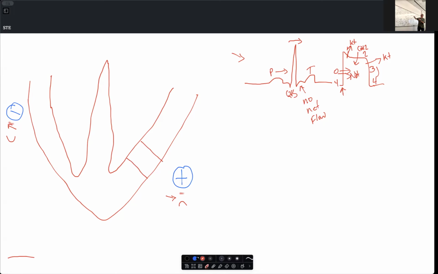So normally, and maybe I can select a different color, normally when everything is functioning and the heart is well perfused, your signal is moving from the SA node out through the atria, down the bundle branches, and on average, you have a signal that's moving kind of like this in this direction, right? And so you're going to get your classic upright PQRST morphology there.